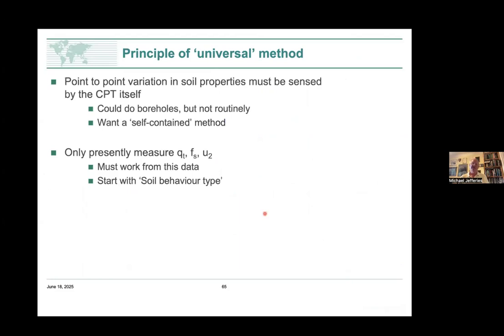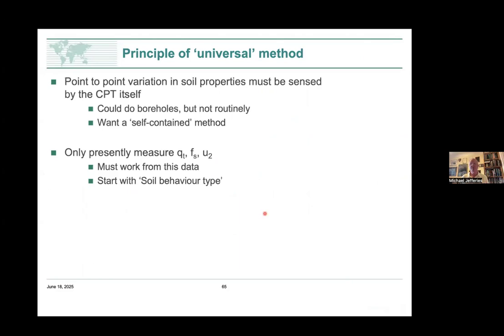Well, this is where we get to the universal method. The idea was that the point-to-point variation of soil property must be sensed by the CPT itself. This goes back to the soil behavior type chart, where we could look at what we measure on the CPT, put it onto a chart, and it would tell us what the soil type was.